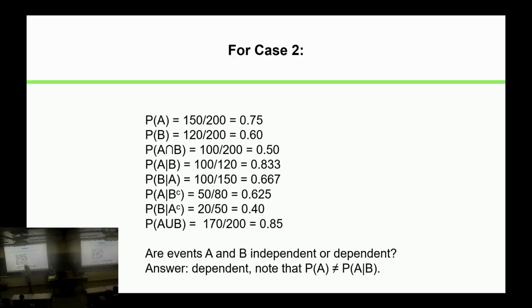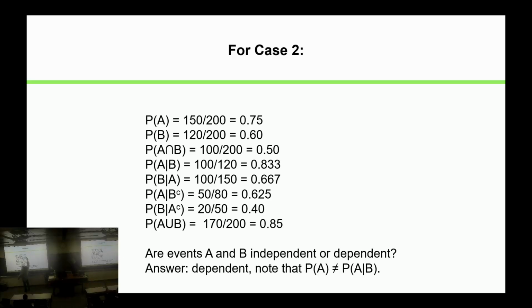It's a little more likely that A occurs if we knew that B occurred. But if we looked at the probability of A given not B, it's a little less likely to occur. If we look at the probability of B, 0.6, if A occurs, B's a little more likely to occur. If A doesn't occur, it's a little less likely to occur.